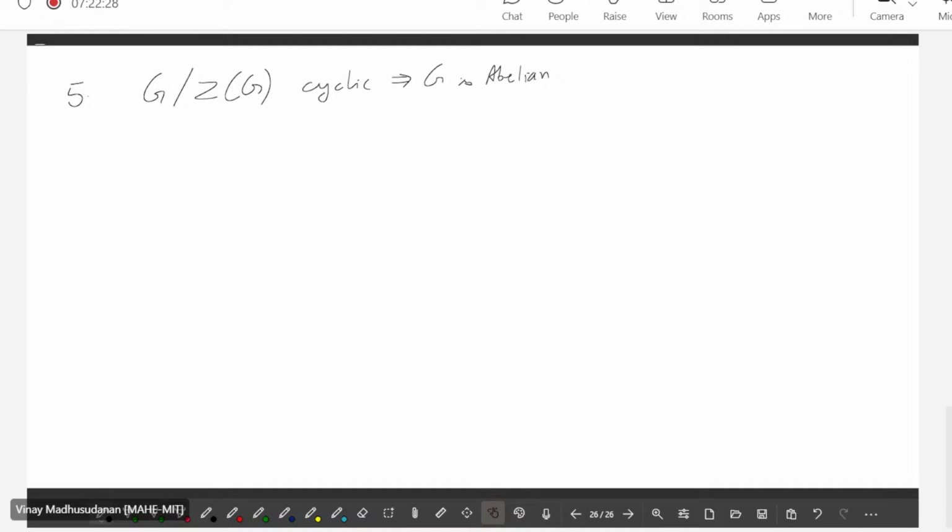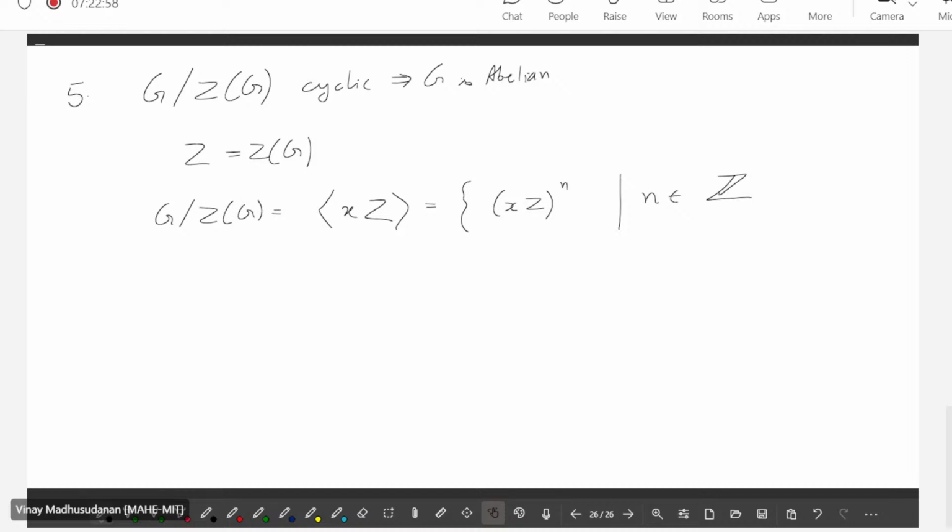First of all, G mod Z of G cyclic means what? It is generated by some element. So I'll just take Z equal to Z of G. Maybe I should not have used capital Z, but hopefully you can distinguish between the different Z's.